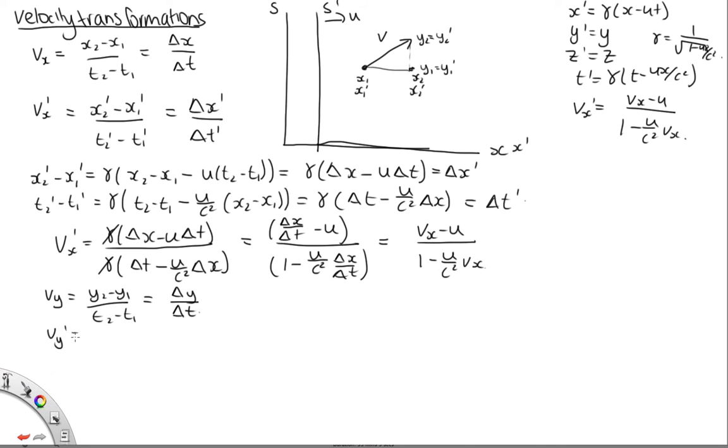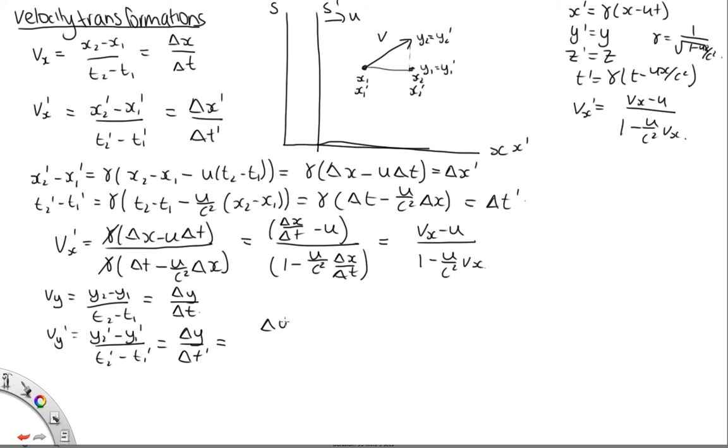And Vy dash is equal to y2 dash minus y1 dash over t2 dash minus t1 dash, which is equal to delta y, because it doesn't matter if these are primed or unprimed, over delta t prime. But we've already worked out up here what delta t prime is, and this is the same length of time, so we can substitute in this thing directly.